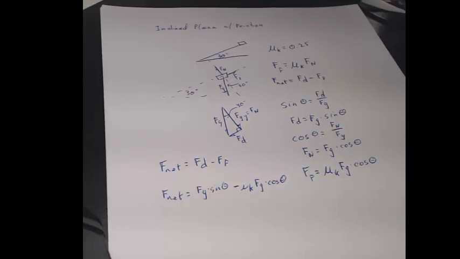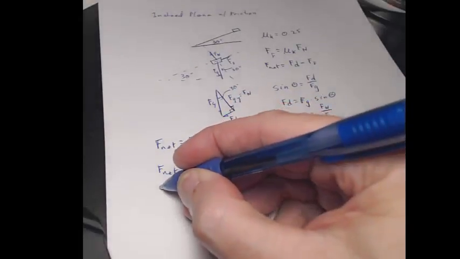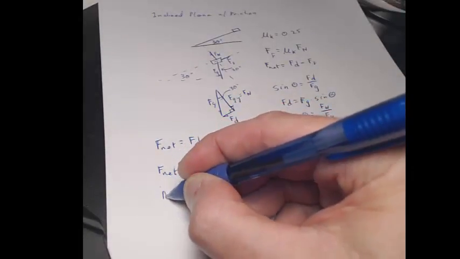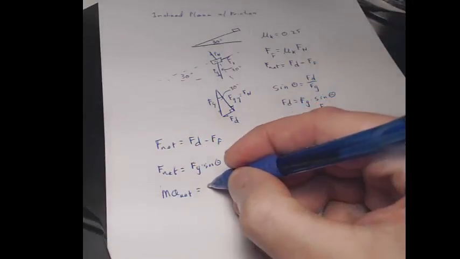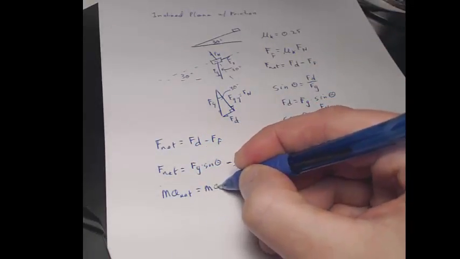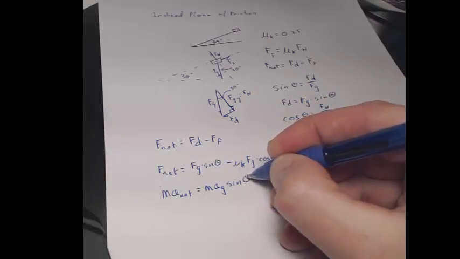It's always a good idea to wait to plug in numbers, but to work out all the components that you can of a problem. In this case, we're going to get mass to cancel. So look at all those forces there. I'm going to plug in force equal to mass times acceleration. So in this case, my net force is going to be mass times my net acceleration. Force of gravity is going to be my mass times my acceleration due to gravity times the sine of my angle.